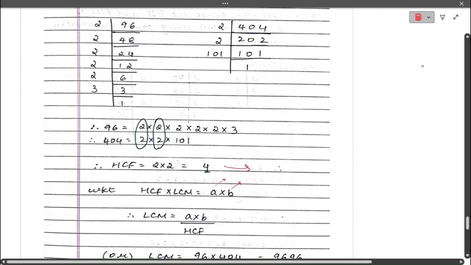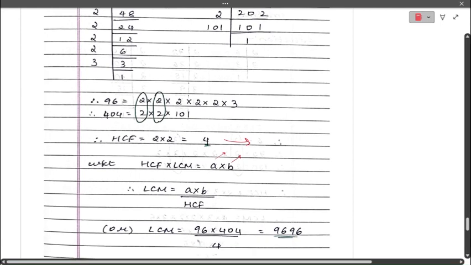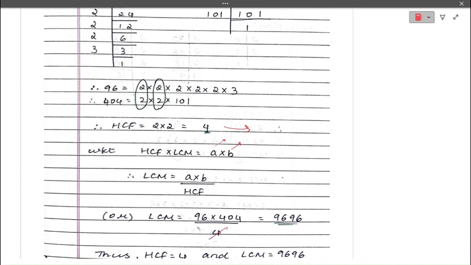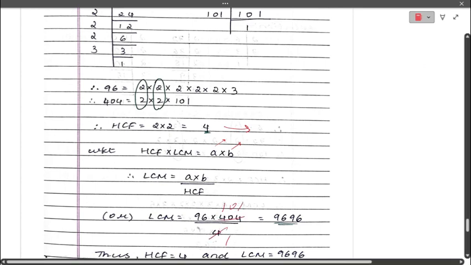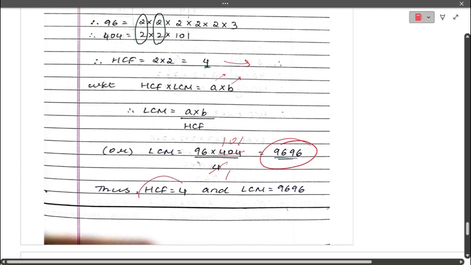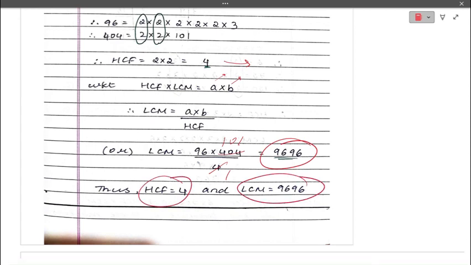LCM is equal to A into B divided by the HCF. So LCM will be 96 into 404 divided by 4. So 404 divided by 4 is 101, and 96 into 101 is nothing but 9696. So henceforth we have our HCF as 4, LCM as 9696.